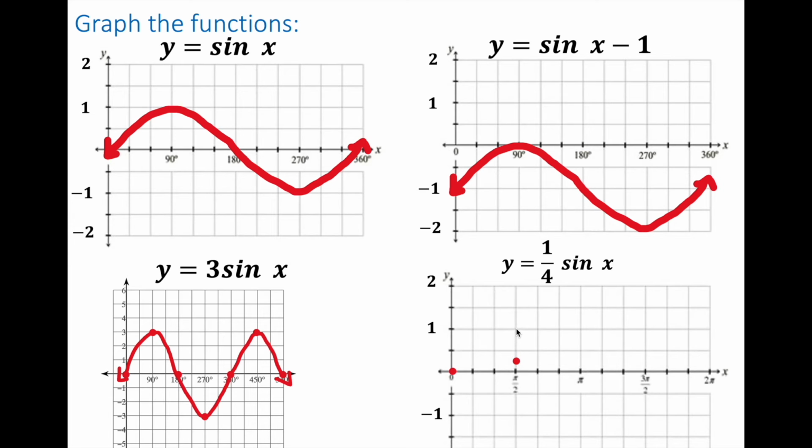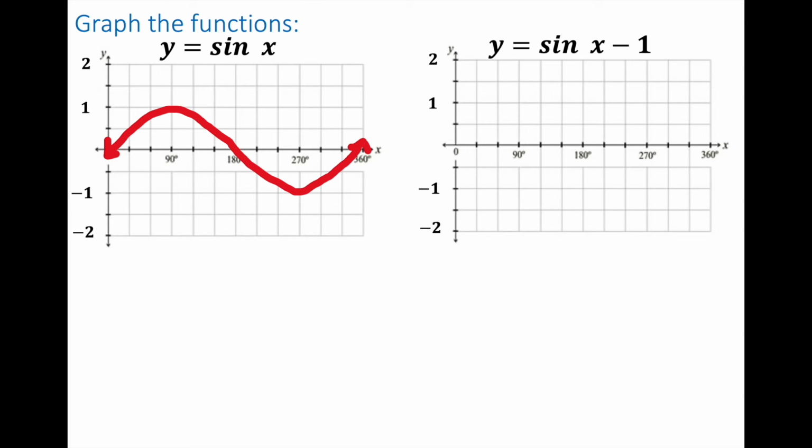When we get to pi, which is 180, we were at 0, and 0 times 1/4 is still 0. At 3 pi halves, which is 270, we were at negative 1, now we're at negative 1/4. And at 2 pi, we're back at 0. So we connect this graph. The graphs look very similar, but instead of stretched, this one is shrunk down, because it's 1/4 of what it used to be.